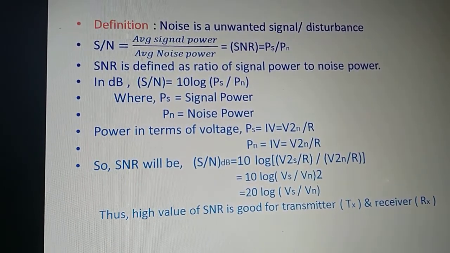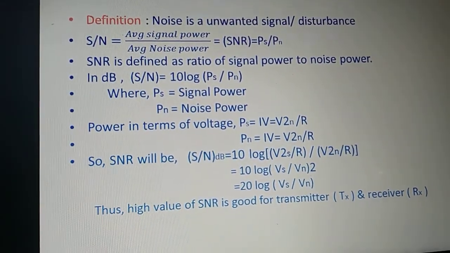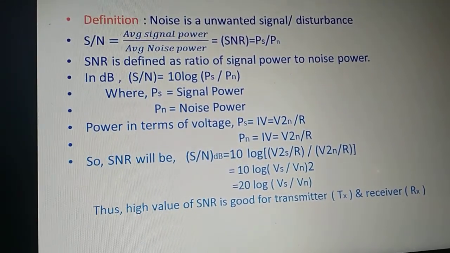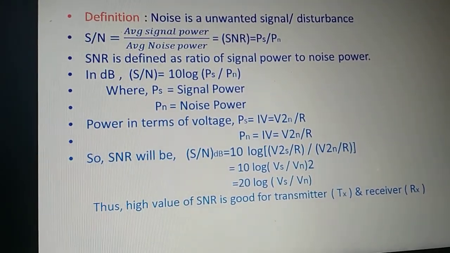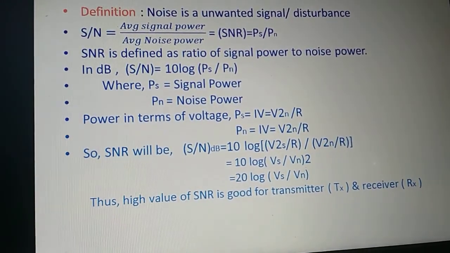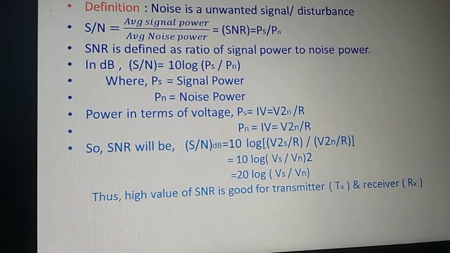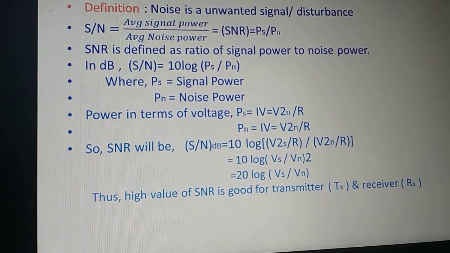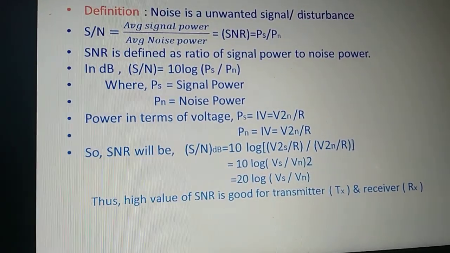Therefore, I can say signal to noise ratio is also defined as a ratio of signal power to the noise power. Now, in decibel, signal to noise ratio is written as 10 log of signal power divided by noise power.